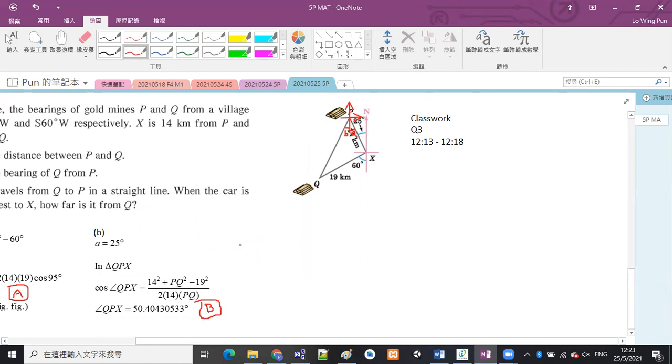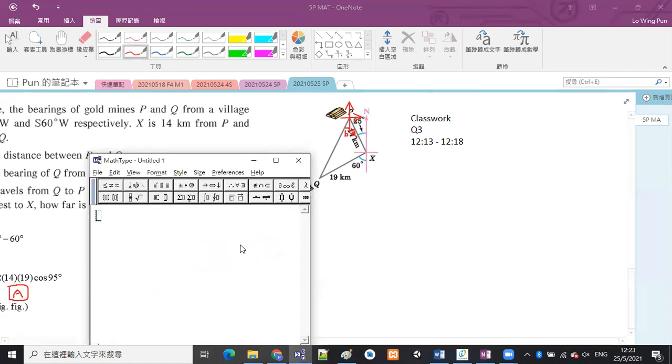Okay? And this is the whole angle QPX, but the little b will be this minus 25 degrees, right? Okay? So B is equal to angle QPX minus 25 degrees. And it should be 25.4 degrees. Okay?